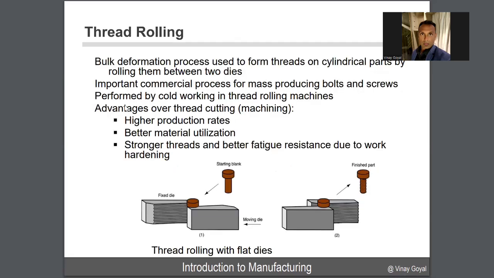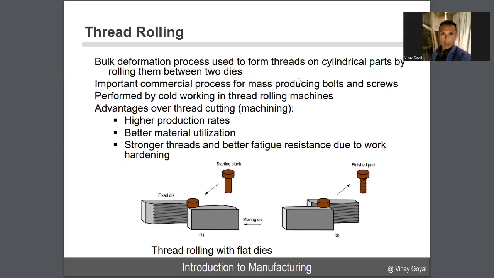Thread rolling is a bulk deformation process used to form threads, and they're used quite a bit. They are important for commercial processes to make bolts and screws, and they're performed by cold working in thread rolling machines. The advantages over thread cutting are higher production rates, better material utilization, stronger threads, and better fatigue resistance due to work hardening.